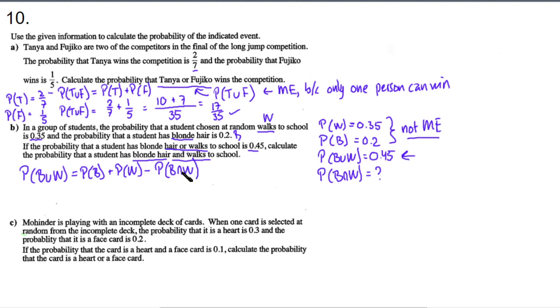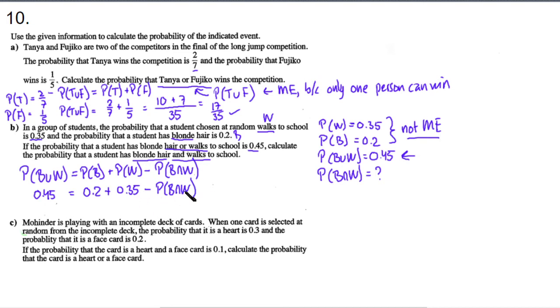We plug in the probabilities that we have. So it's going to be 0.45 equals 0.2 plus 0.35 minus the probability of blonde hair and walking to school.